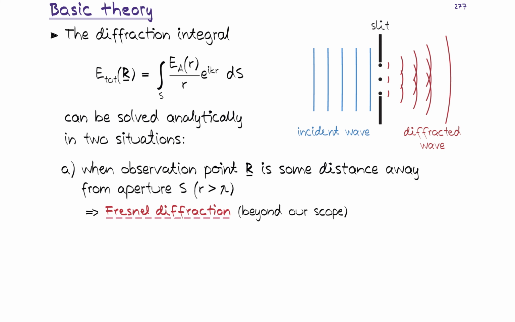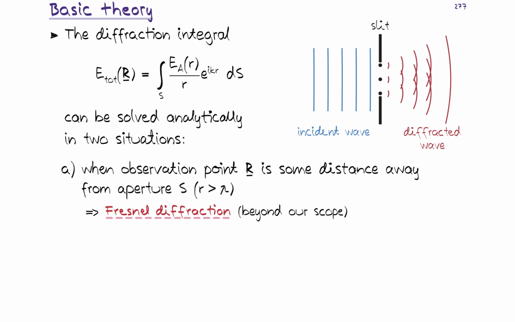And even though we would be able to solve things analytically, this is beyond our scope. But I think in the laser physics course, or at least in Orazio Svelto's laser physics book, there is some treatment of Fresnel diffraction. And of course, in our book by Hecht, we will have some treatment of that, so that you can look for more details from there. But we just say that Fresnel diffraction is beyond our scope on an introductory level course on optics.